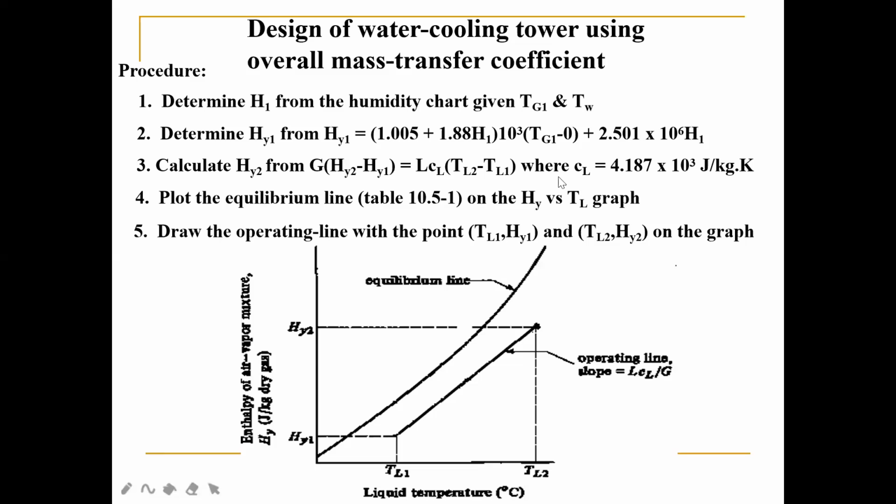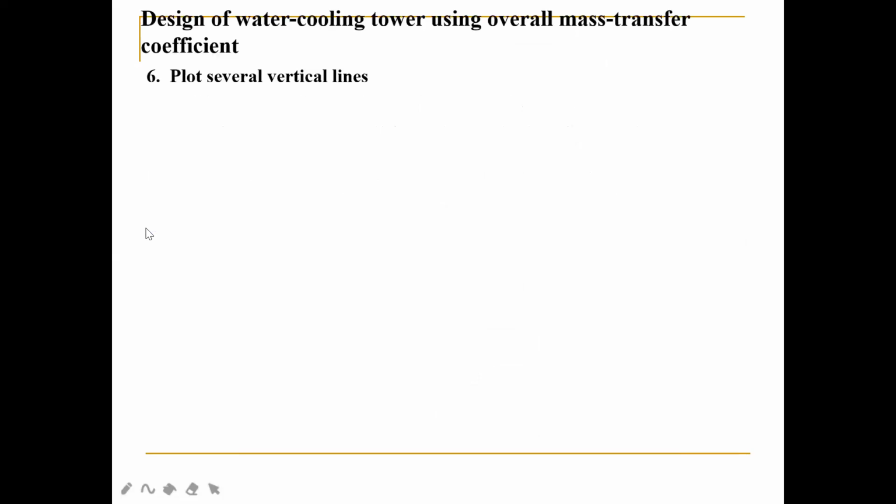So let's see how you do this with the overall mass transfer coefficient, with the capital K. You will do steps 1, 2, 3, 4, 5, just like how you do for the method using the film mass transfer coefficient. Starting from step 6, it's going to be different.